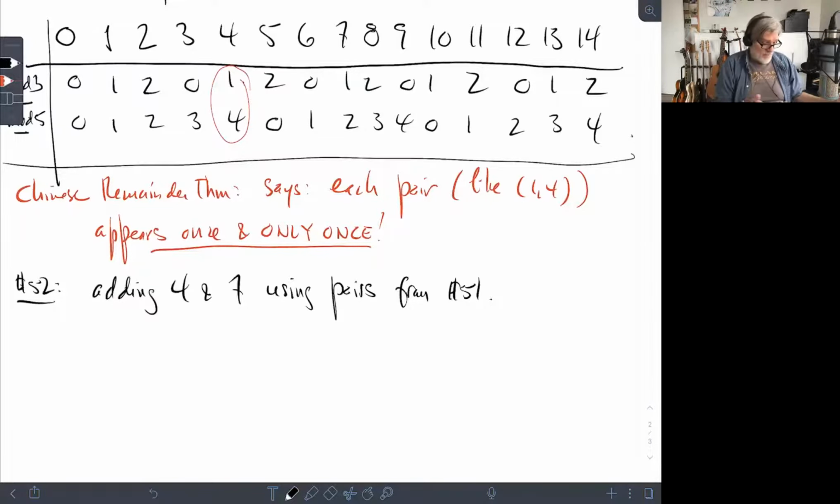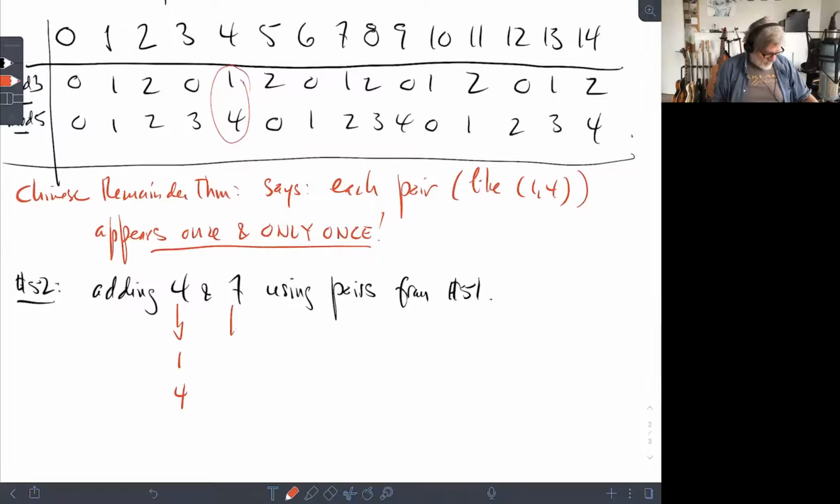You see all the numbers are less than 4, right? So can I add big numbers looking at only the smaller ones? Yes, here's how it works. You look at the pair that corresponds to 4, it's the pair 1, 4.